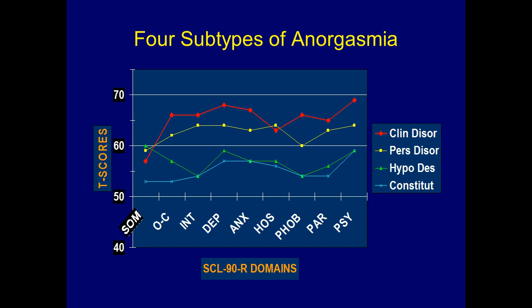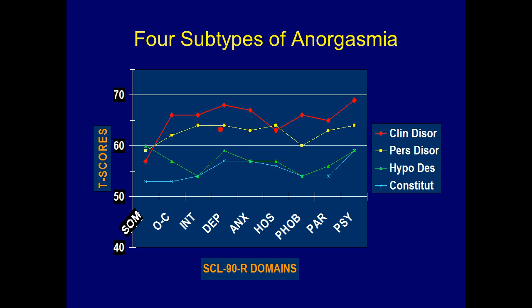So we used hierarchical cluster analysis, and we identified 4 syndromes, 4 anorgasmic syndromes. The first, the red, were highly symptomatic on the SCL-90-R and had multiple psychiatric diagnoses.